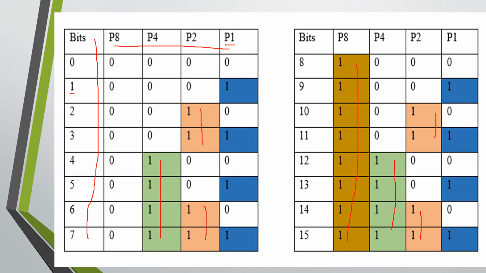Then 3 is represented as 0, 0, 1, 1, so both P2 as well as P1 are calculated by using bit 3. 4 is represented as 0, 1, 0, 0, so the value of P4 is calculated by using bit position 4. So in this way the values will be calculated.